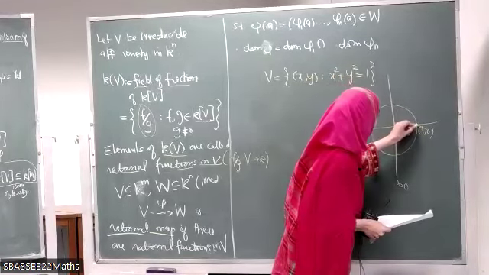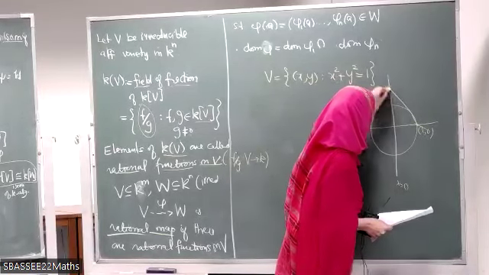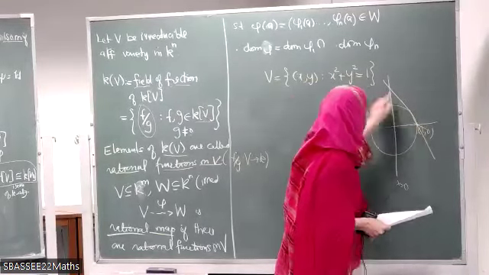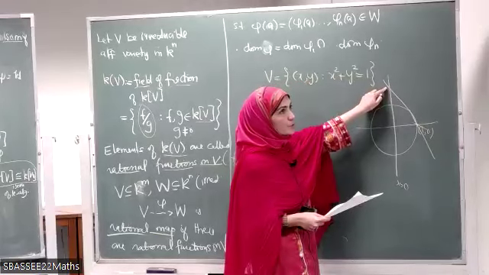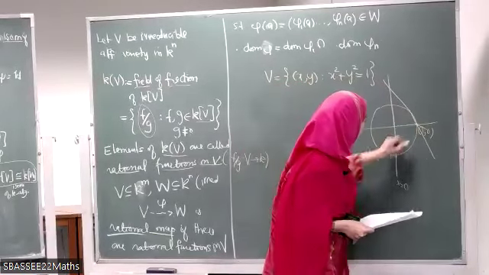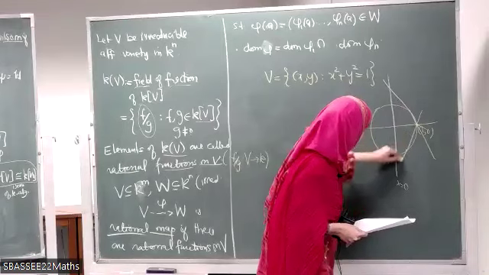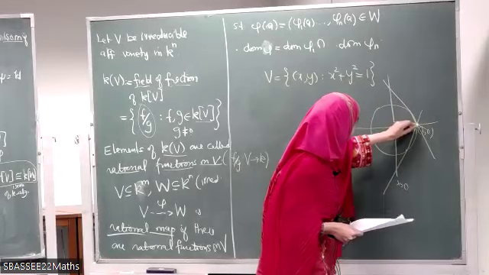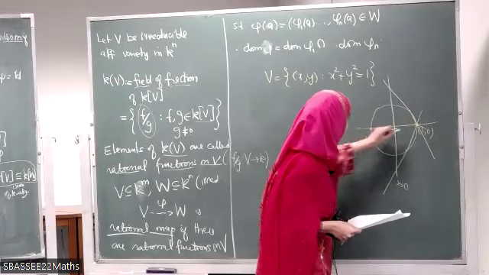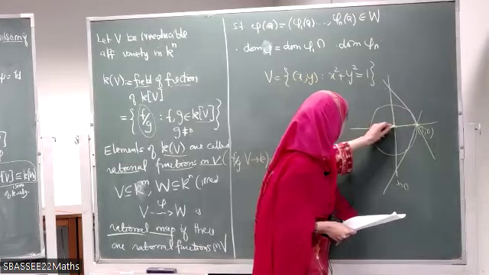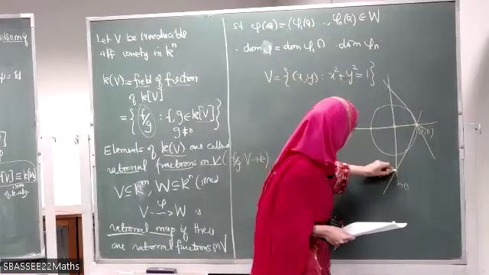You just draw a line passing through this point (1, 0) and your chosen point, and it will definitely cut the line x = 0. So if you take this point, then definitely the image is here.